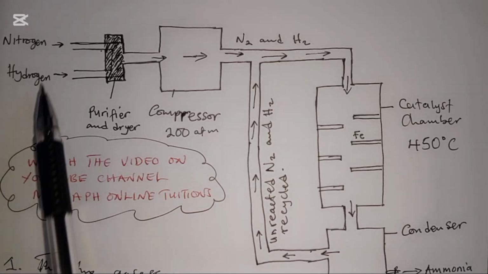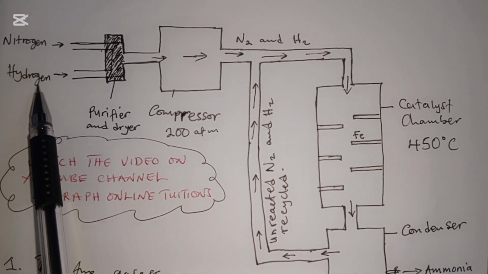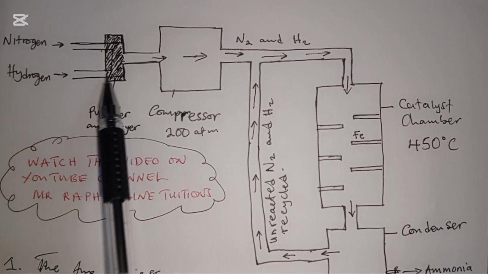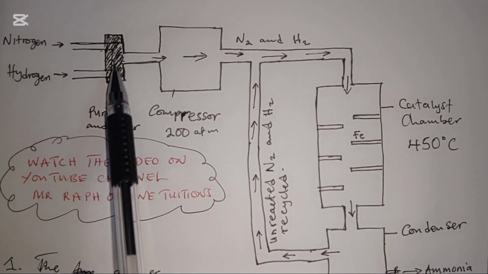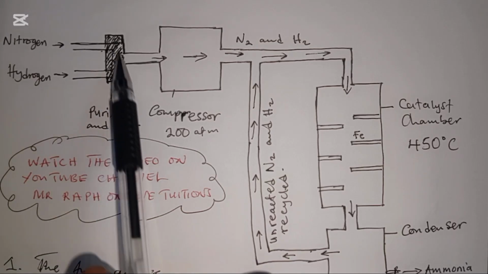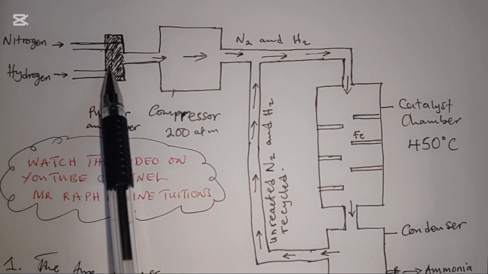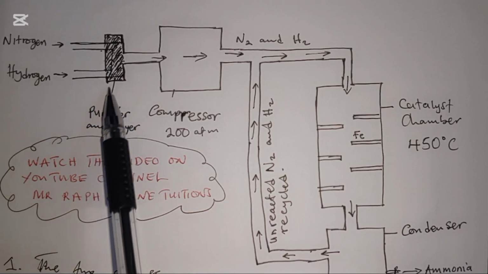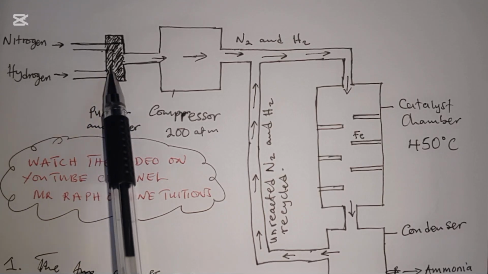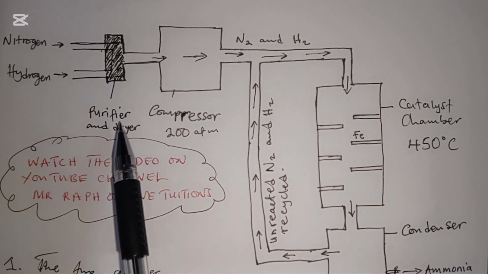All the impurities from nitrogen and hydrogen will be removed. This is the purifier. So that is process number one, purification and drying.